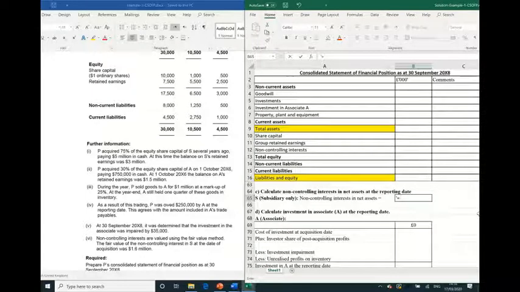This is applicable only to the subsidiary. So we have 1,600,000, the fair value of non-controlling interest at acquisition date, and this will be adjusted by the non-controlling share. The non-controlling share is 25%, multiplied by the post-acquisition retained earning of the subsidiary, which is already calculated in the second adjustment: 2,500,000.